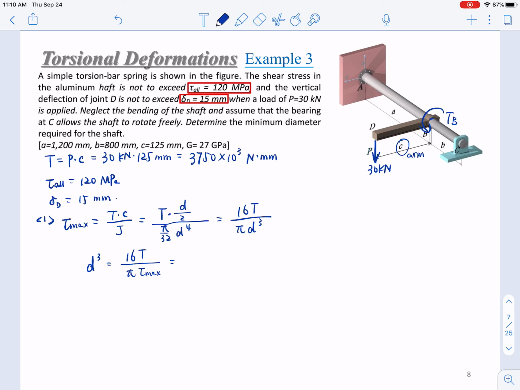This will be 16 times 3,750,000 over pi times 120, where the numerator is in Newton millimeter, and the unit of 120 is Newton per square millimeter, which is MPa.